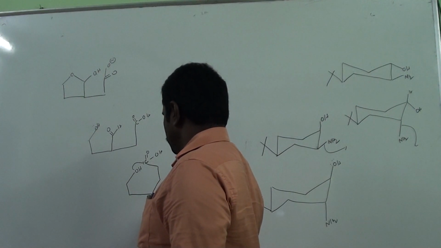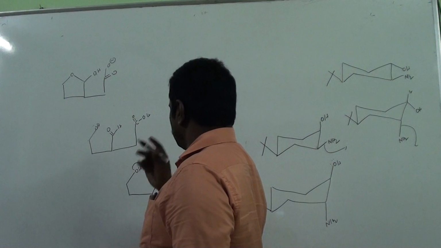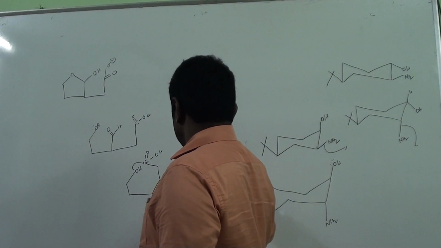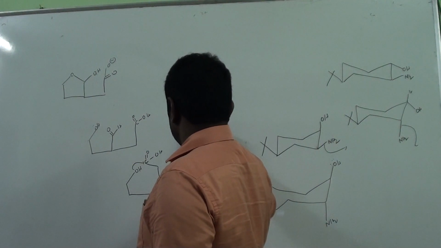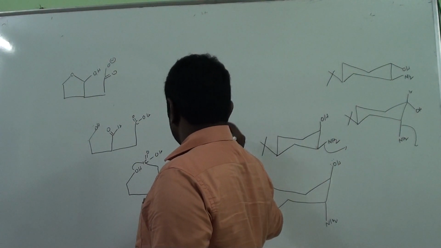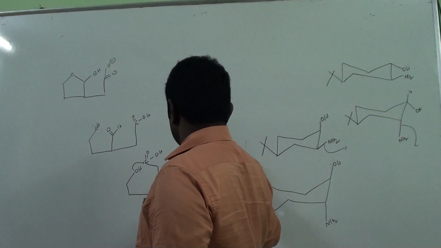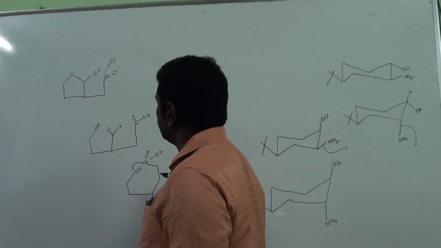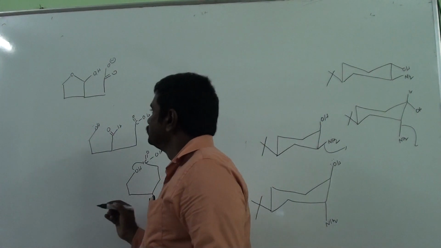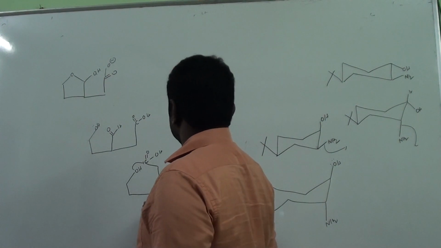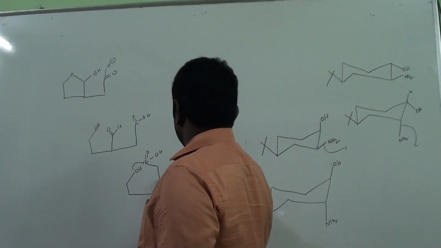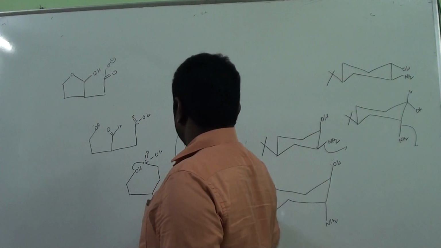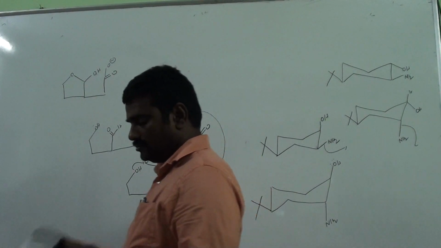Here you got CH. So the new ester, the final product, will be this. Correct or not? So this will be A.